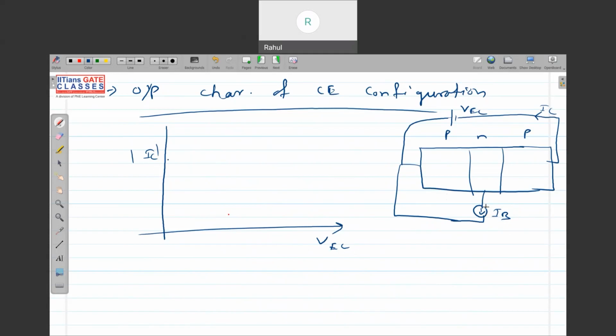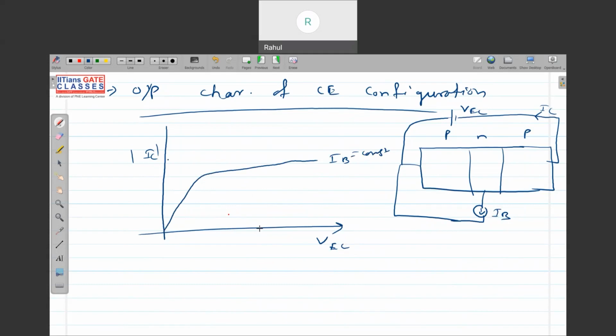That is nothing but the input bias also. If you make the bias constant, the current will be constant. So if you change the emitter to collector voltage, you will see the current will be like this. This is my output characteristic for a particular IB equal to constant.